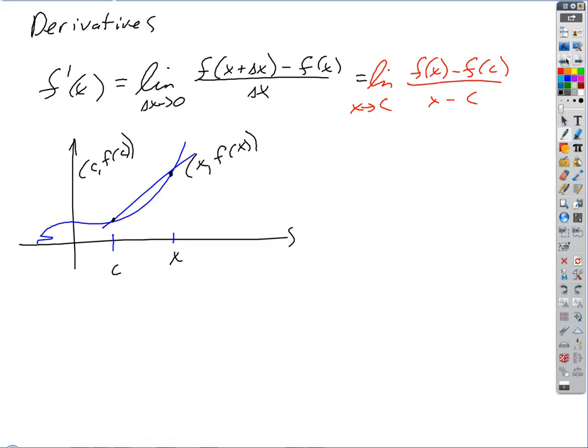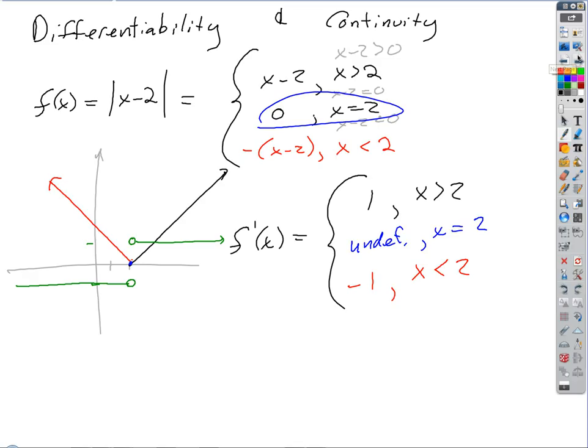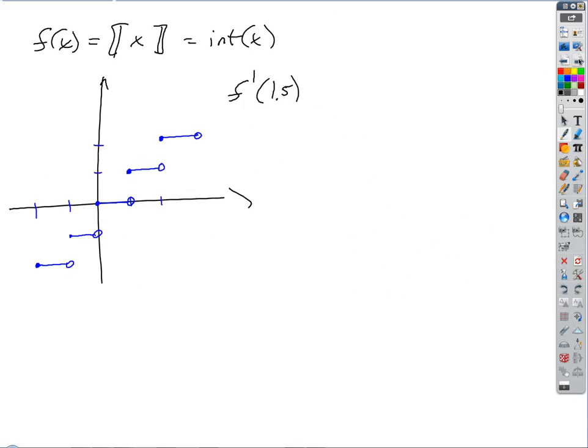So, yeah. So what are we gonna get? We're just gonna get the limit of f of x plus delta x minus f of x over delta x, as delta x goes to 0, right?